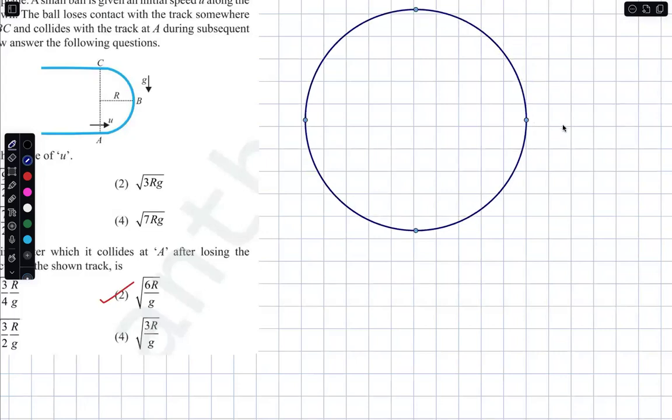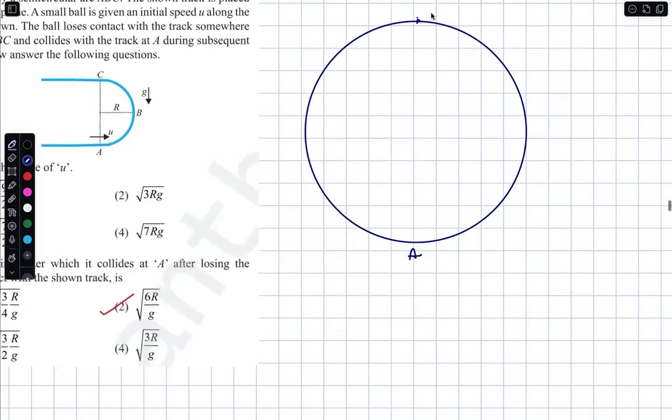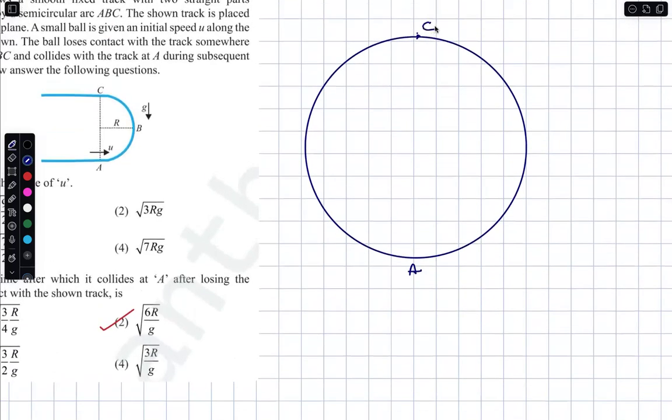Imagine this is A and this is C. You don't require any necessity of this part.